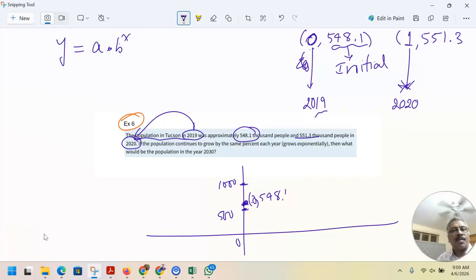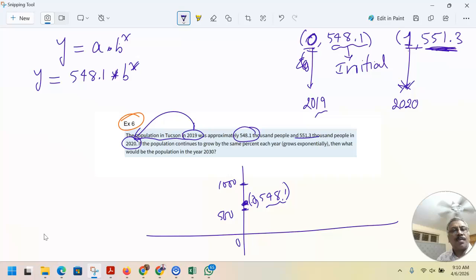So this is already a, 548.1. So the equation is 548.1 multiplied by b raised to x. The first point, because it is 0, you already got the answer. But now when x is 1, we plug in this part.